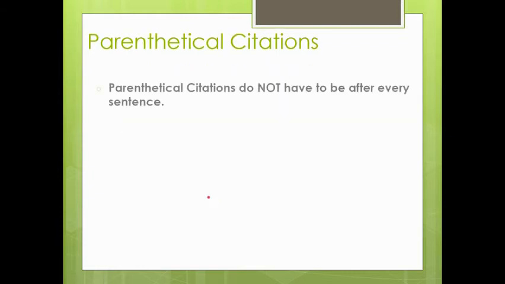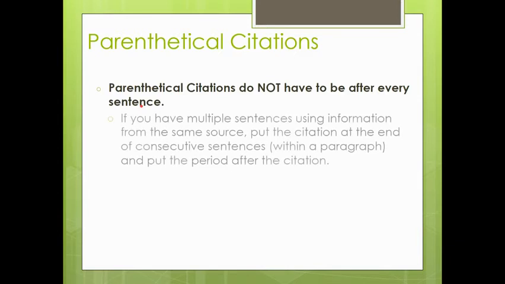But I do not have to put parenthetical citations for every sentence if I have multiple sentences that I got information from the same source. So if my entire paragraph is from one source, I do not have to put parenthetical citations after every sentence.